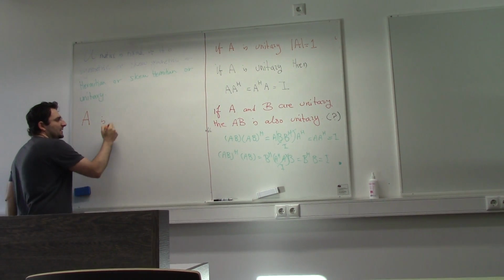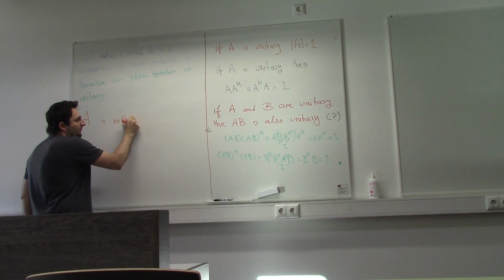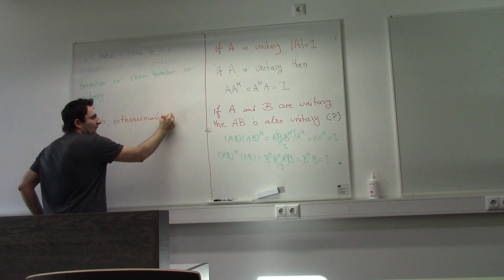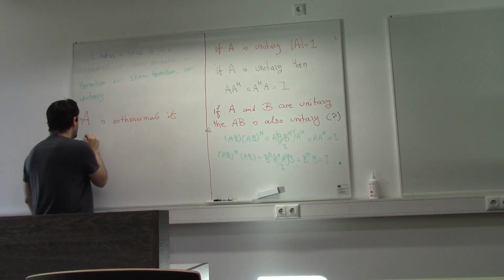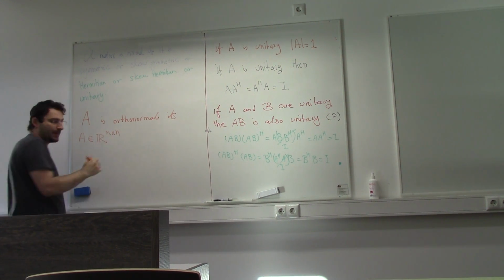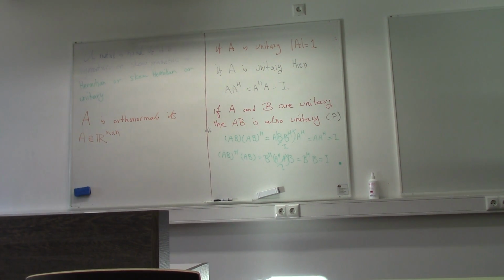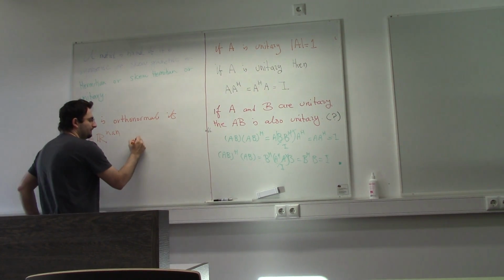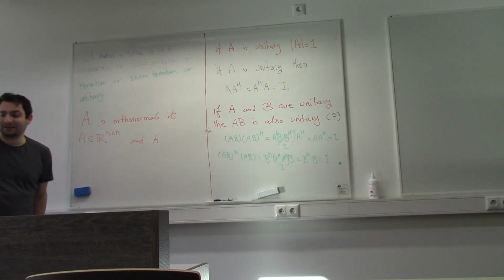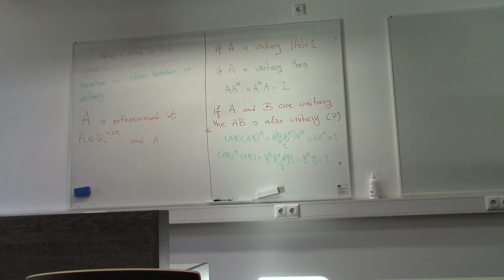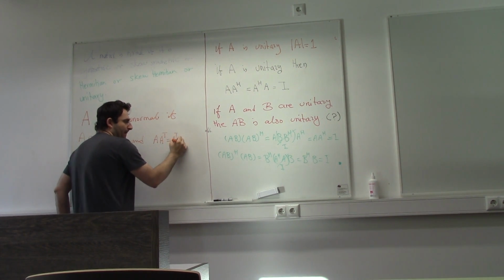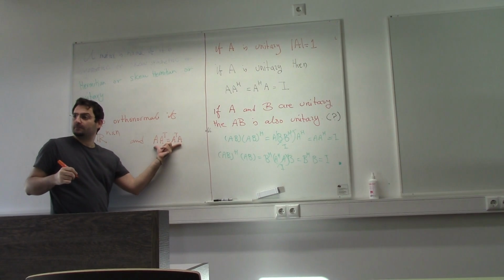A is orthonormal if A belongs to R, and this is a matrix, A transpose A is equal to A A transpose. What is this?